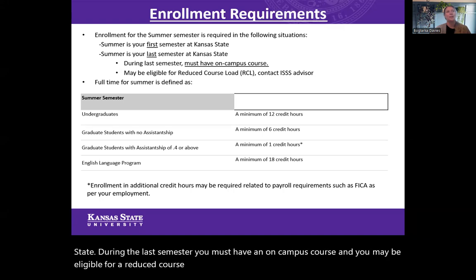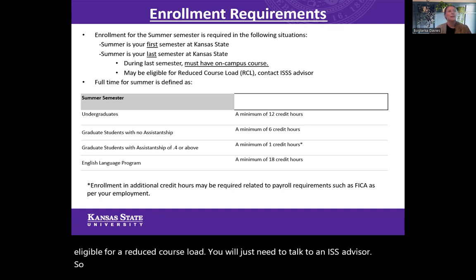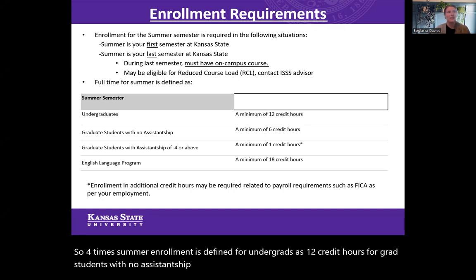You will just need to talk to an ISSS advisor. So full-time summer enrollment is defined for undergrads as 12 credit hours. For grad students with no assistantship, it's 6 credit hours. And for grad students with an assistantship, it is 1 credit hour.